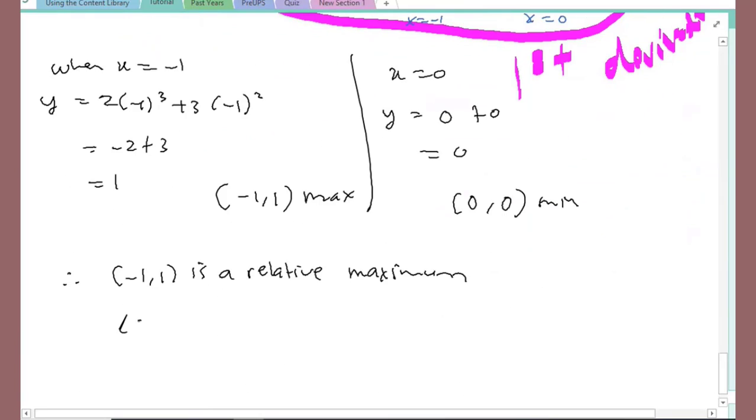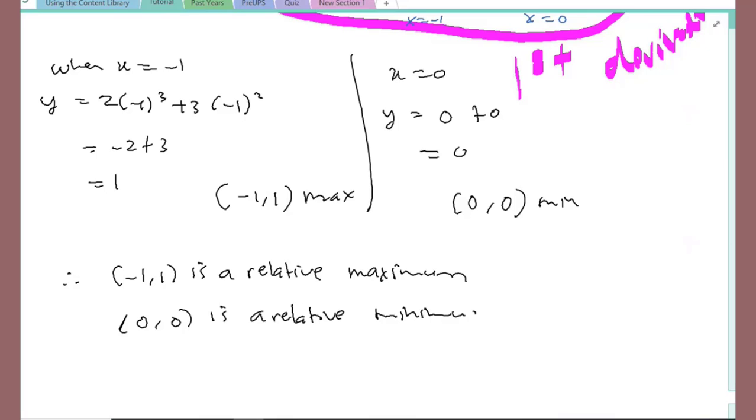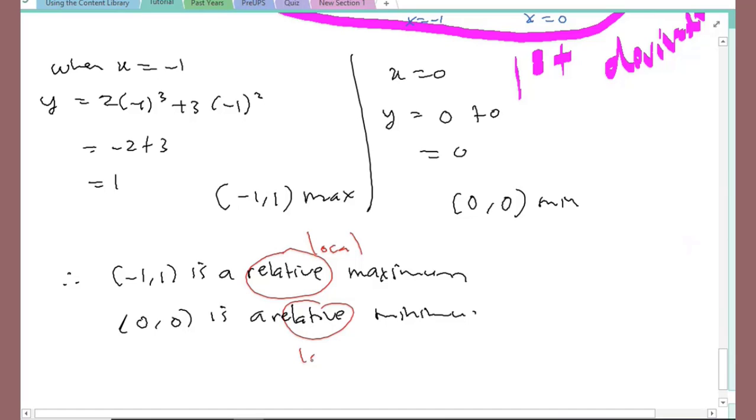And then 0, 0 is a relative minimum. Relative or local? Local, or relative. Okay, so that's for number 2.